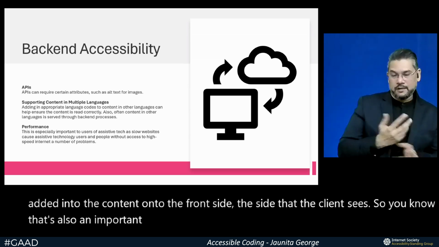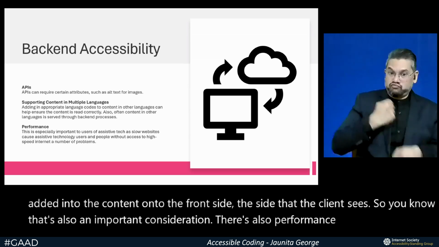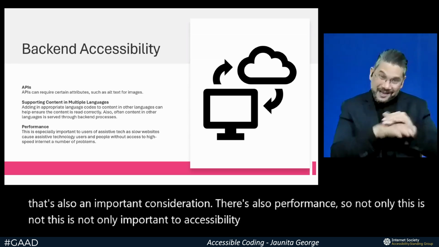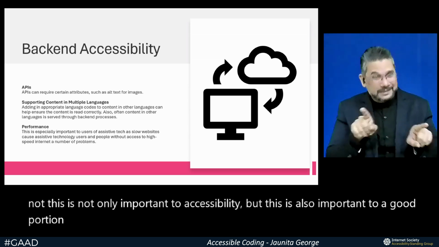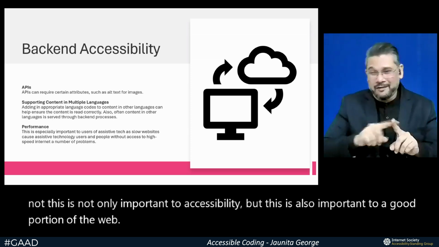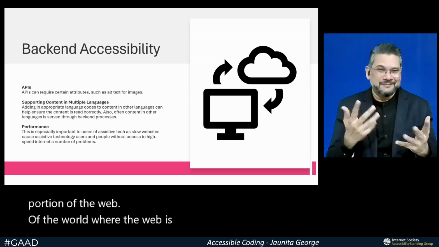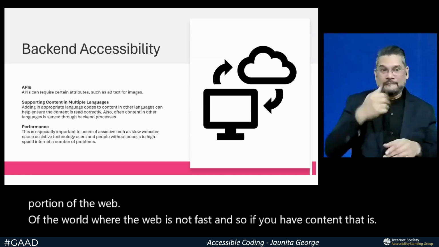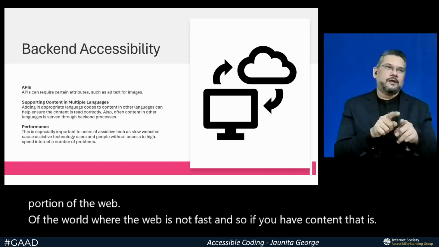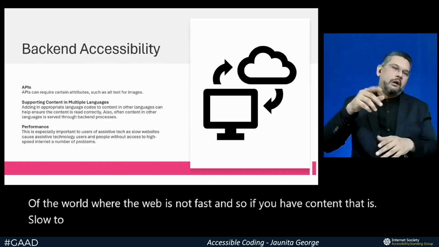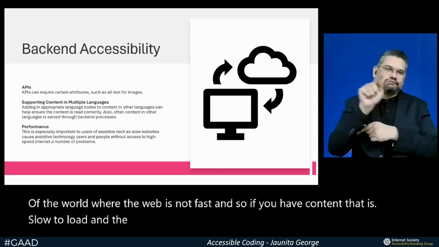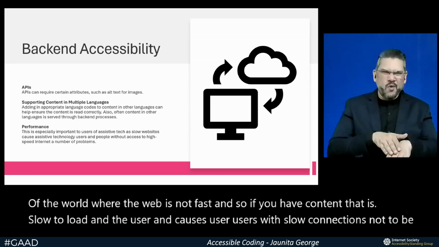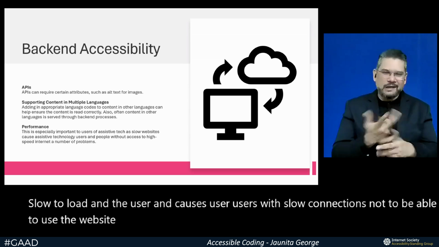There's also performance. So this is not only important to accessibility, but this is also important to a good portion of the web, of the world, where the web is not fast. And so if you have content that is slow to load, and causes users with slow connections not to be able to use the website, that creates accessibility problems as well.